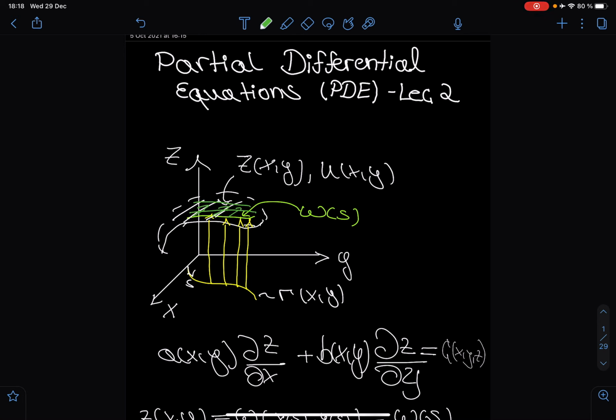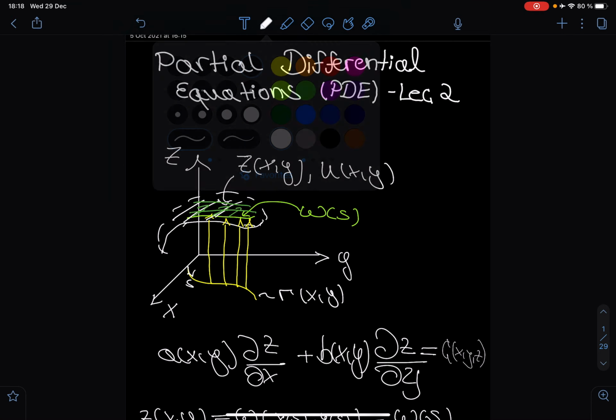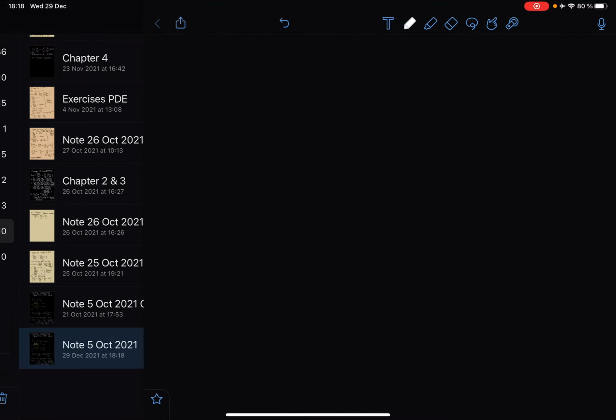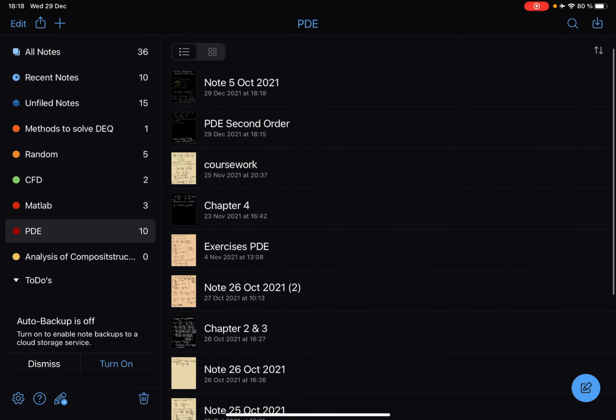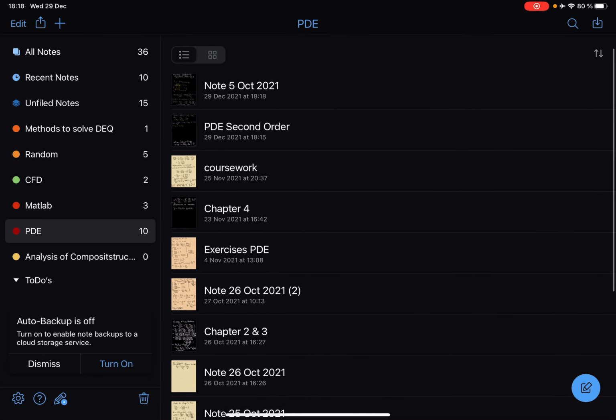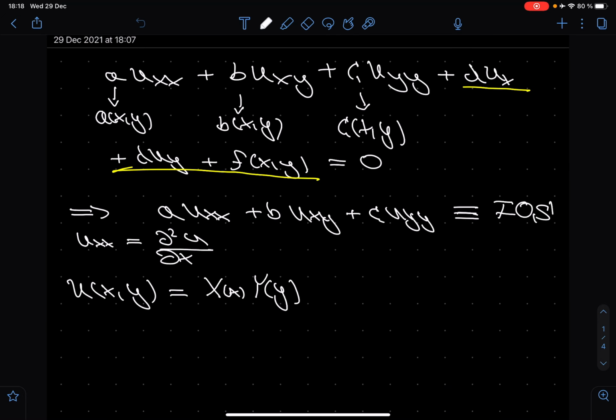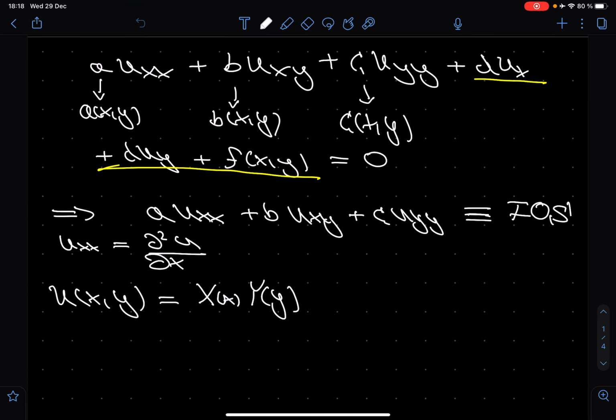For the second order, it actually uses the characteristic method, but it's not going to be that complicated, because what I want to show you in this example is how you can solve these equations by reducing them to a canonical form.